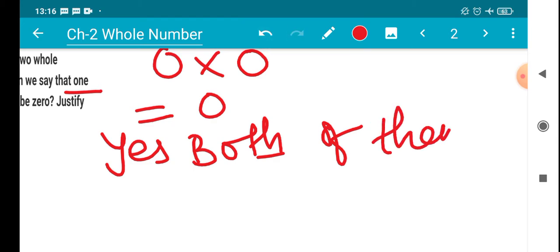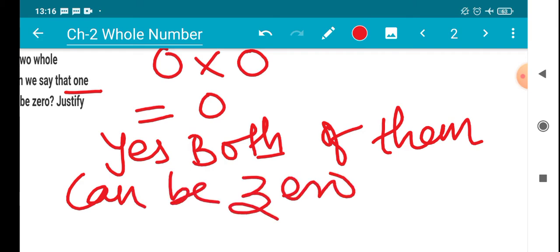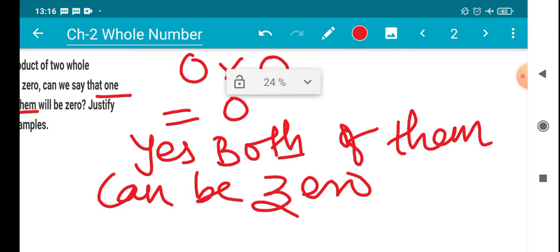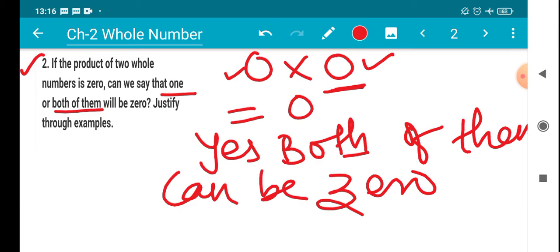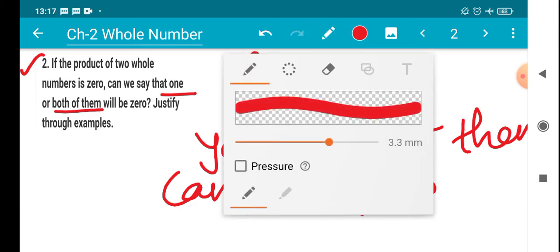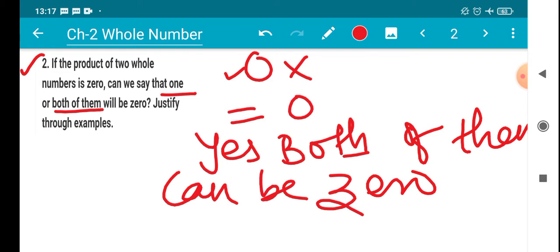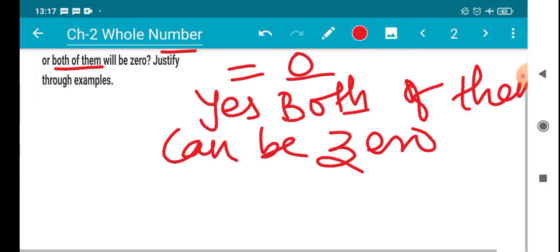You saw the example here. 0 into 0, both are 0, both are whole numbers, right? Now if I remove this 0 and write any other whole number, say 2, so 0 into 2 is also 0. So yes, one number can also be 0.